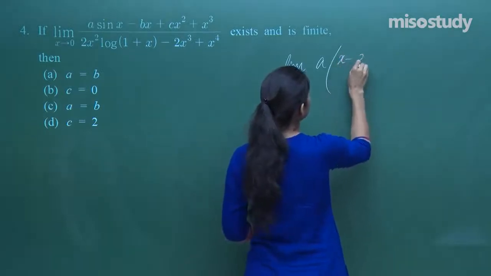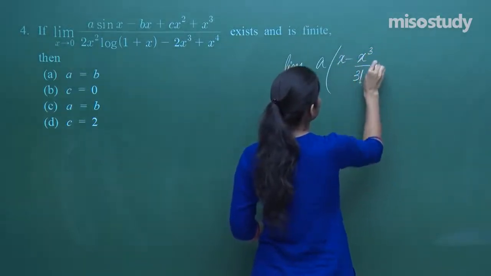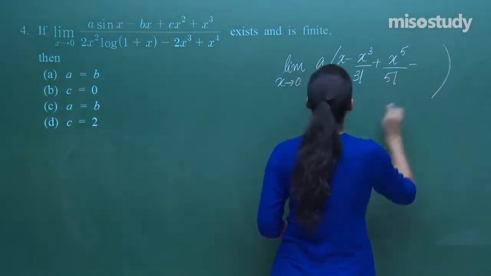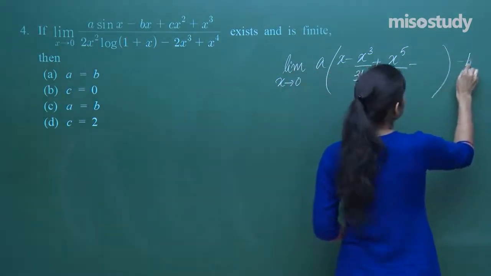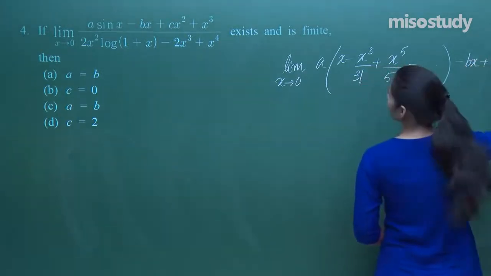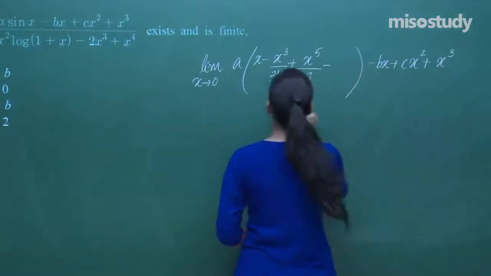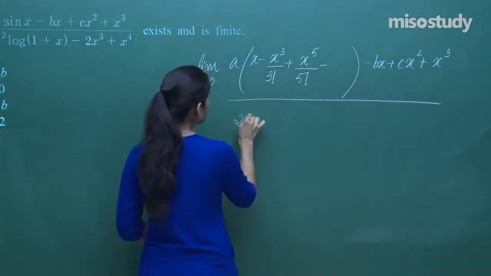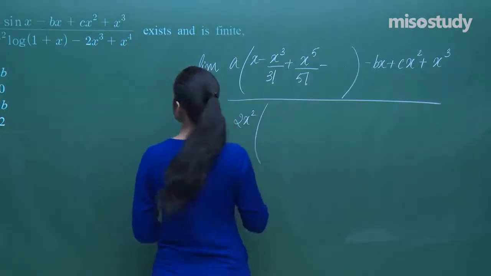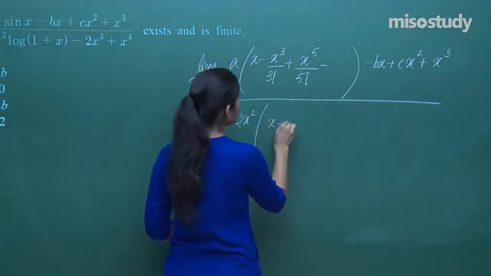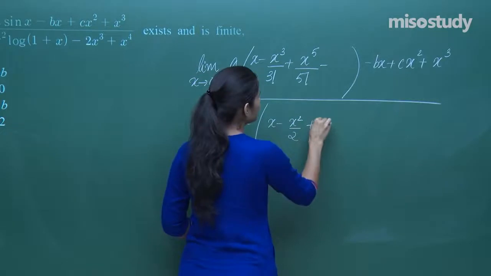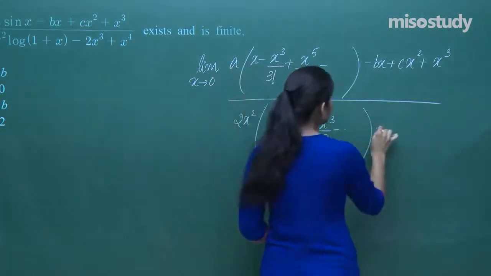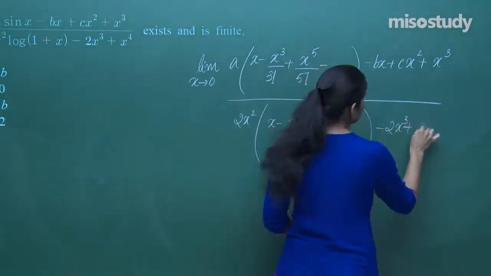It is x minus x cubed by 3 factorial plus x to the power 5 by 5 factorial and so on, minus bx plus cx square plus x cube, whole upon 2x square log of 1 plus x, its expansion is x minus x square by 2 plus x cube by 3 and so on, minus 2x cube plus x to the power 4.